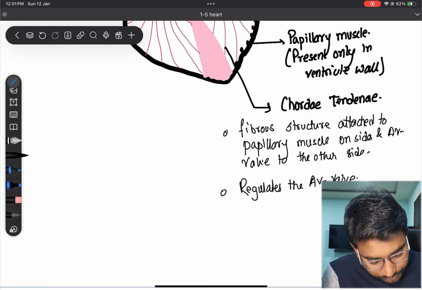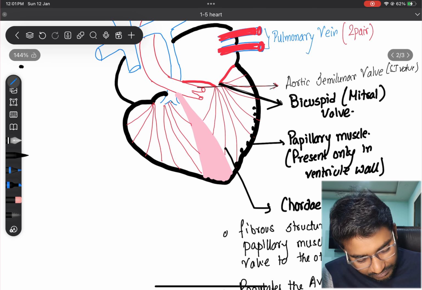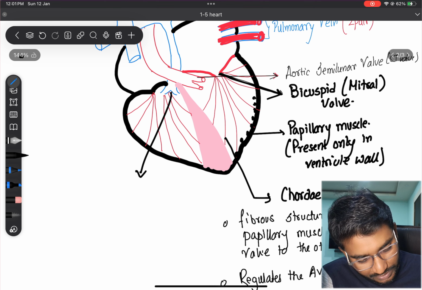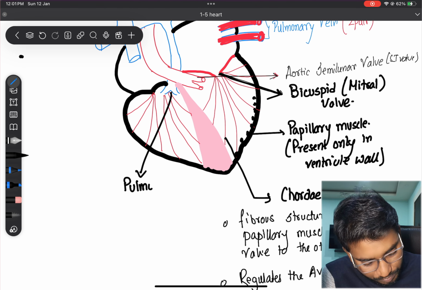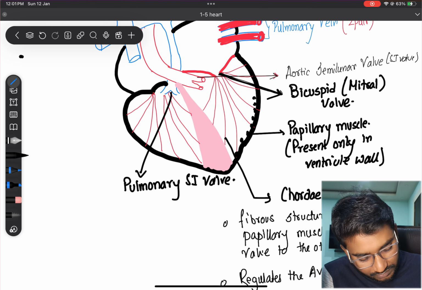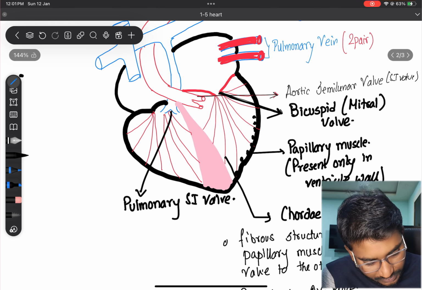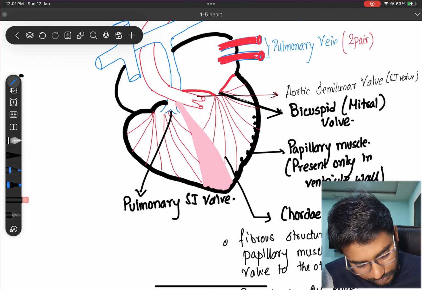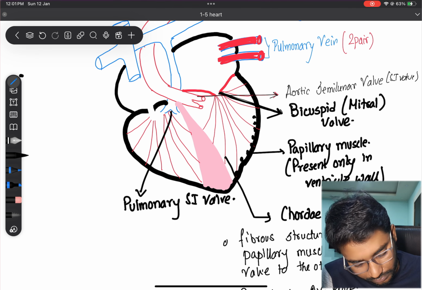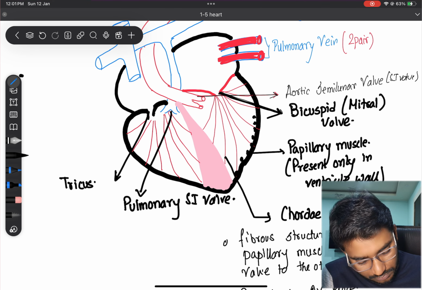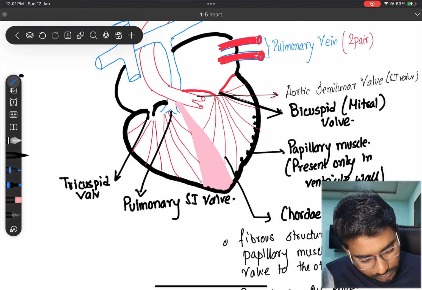Now this is the pulmonary SL valve. So here comes the tricuspid valve.